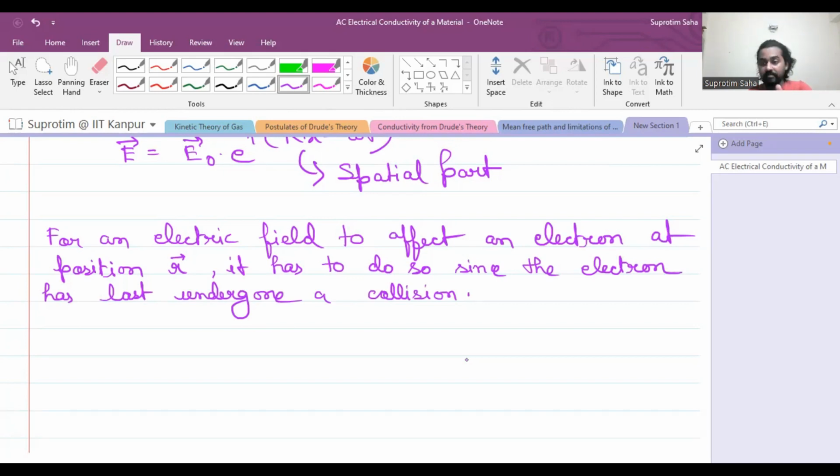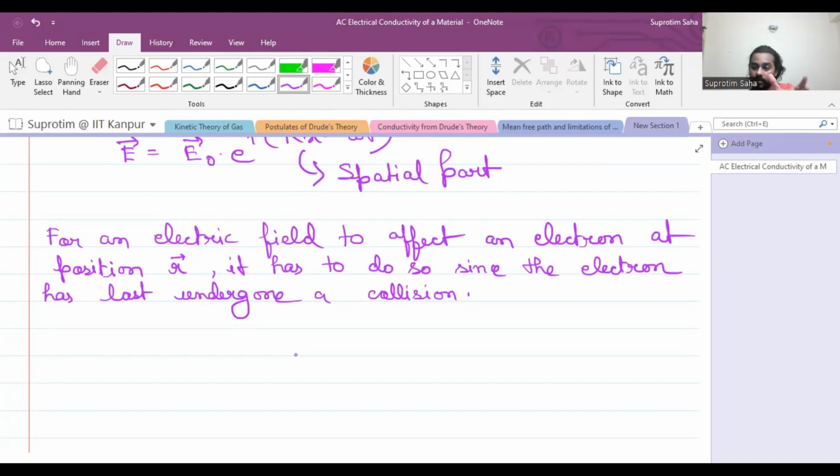From the last lecture, because the electron is a quantum particle, the mean free path is not of the order of the lattice spacing.